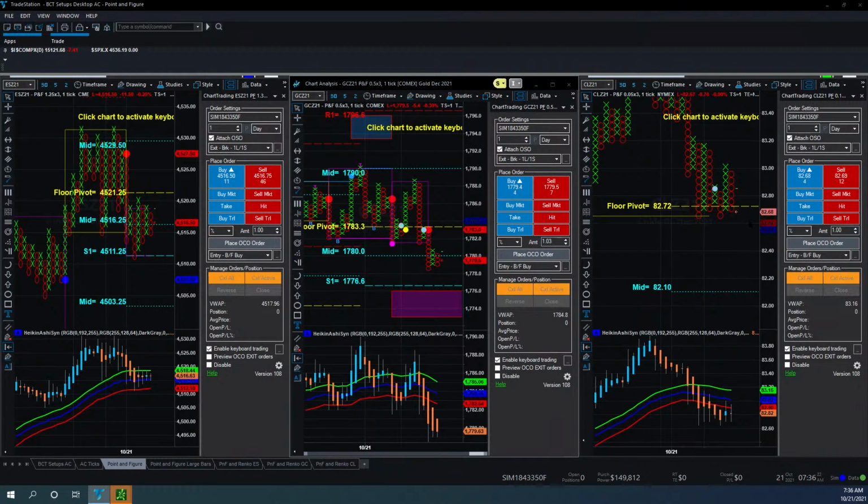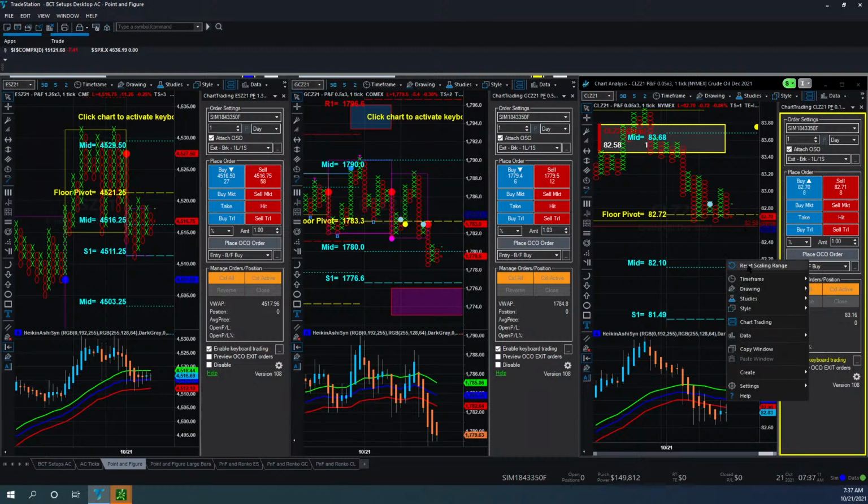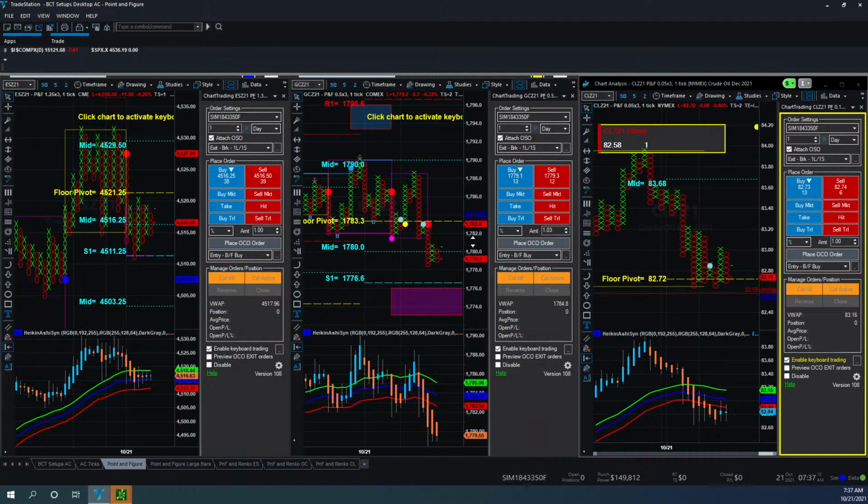And crude is trying to break as well. Let's see what gold does at this level.